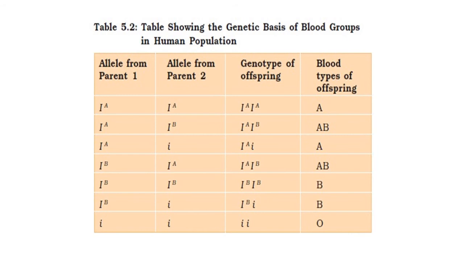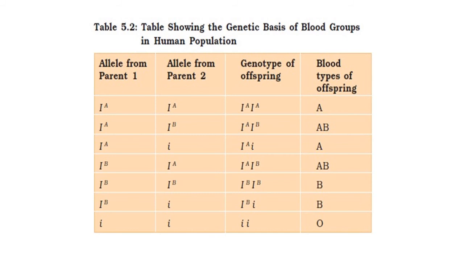In the last example, both parents have the recessive allele small i. So in their offspring the genotype is small i, and only blood group O is observed in their progeny.